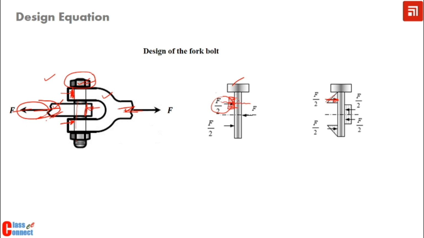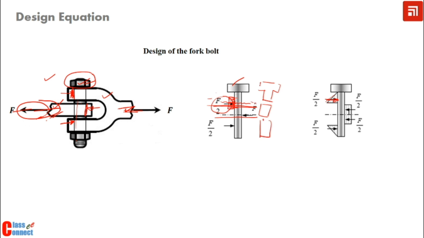So there are two cases for the single load, that due to this load the crushing may also take place, and due to this load the failure of this particular bolt may also take place, and this bolt may form in three parts like this. So this is the top part, and that is the failed portion of this particular bolt.